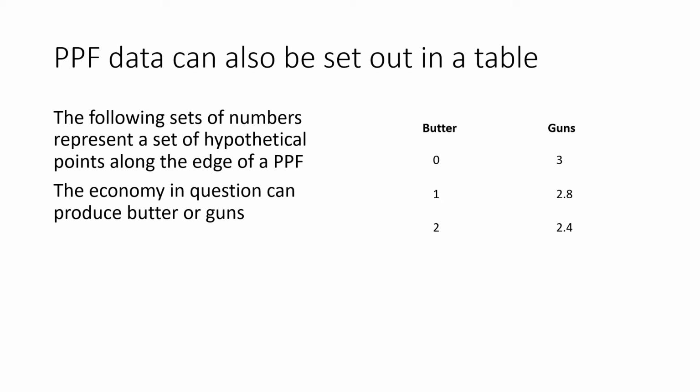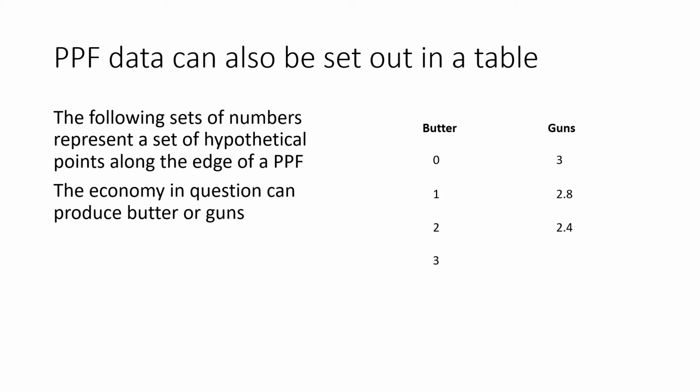So the marginal opportunity cost is 0.4 guns given up. As I say, in total, the opportunity cost of producing both units of butter is 0.6, but the marginal opportunity cost of producing the second only is 0.4 units of guns given up.